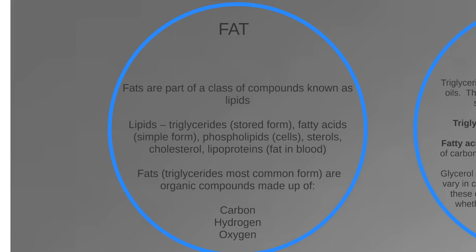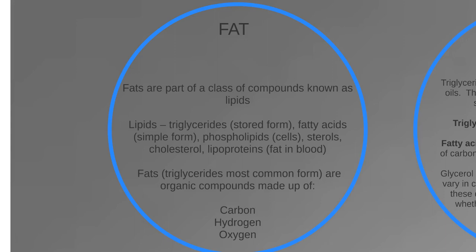It can also make up components of various cells, particularly the outer cell membrane. Those ones are known as phospholipids. It is found in the form of cholesterols, both good and bad, within the body, and of course floating in our bloodstream as lipoproteins.